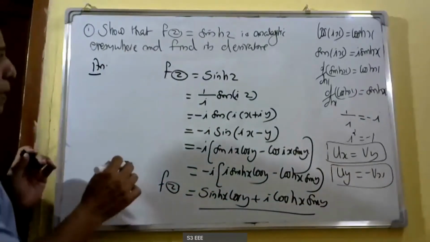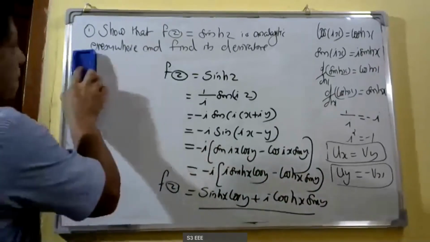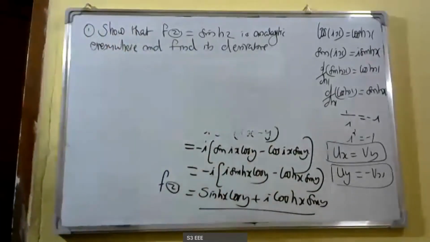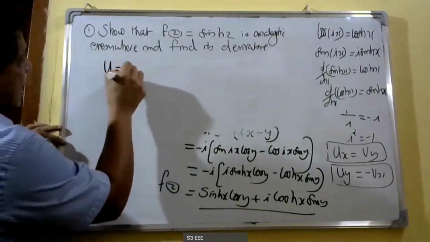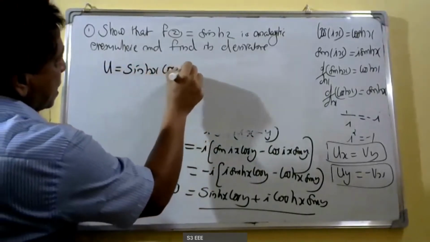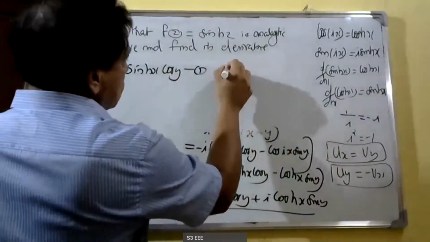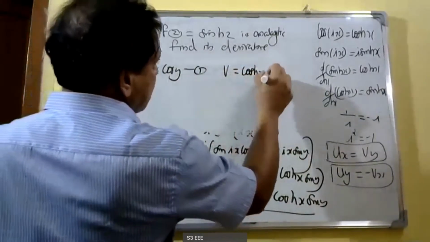Then here the real part u is equal to sinh x cos y. This is equation 1. And the imaginary part v is equal to cosh x sin y.